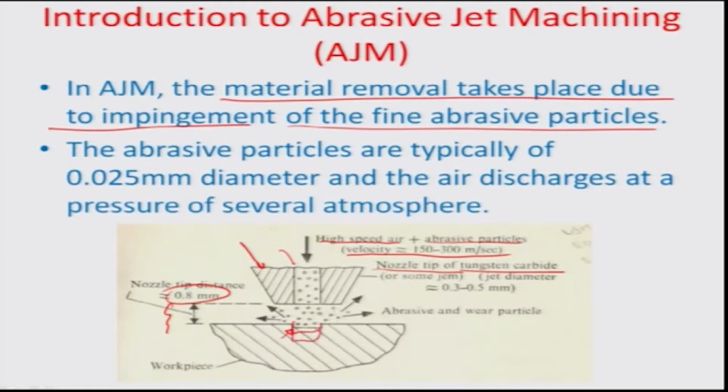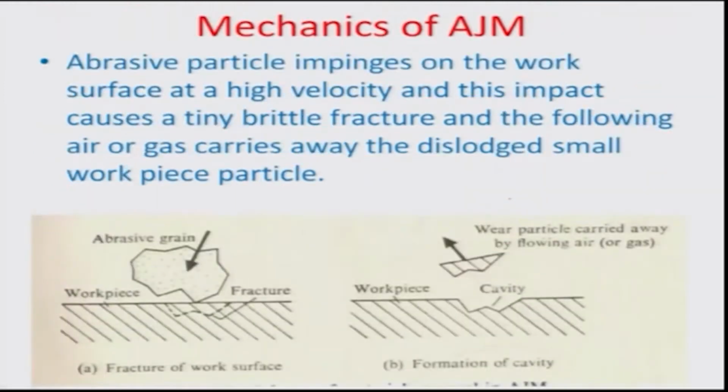So you can have different depths of cut as the nozzle approaches this region, up to the extent that the nozzle doesn't start touching the surface. The abrasive particles are typically about 0.025 mm in diameter, and the air discharges at a pressure of several atmospheres. So that's how the nozzle and workpiece dynamics work in abrasive jet machining.